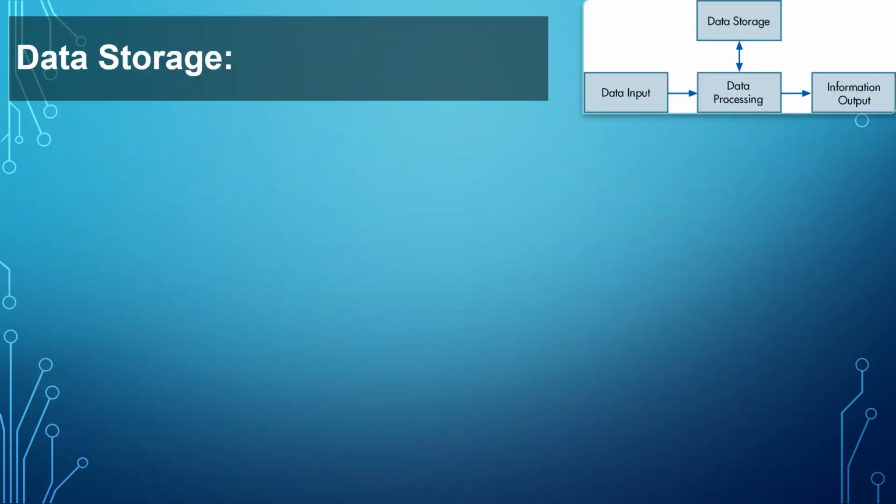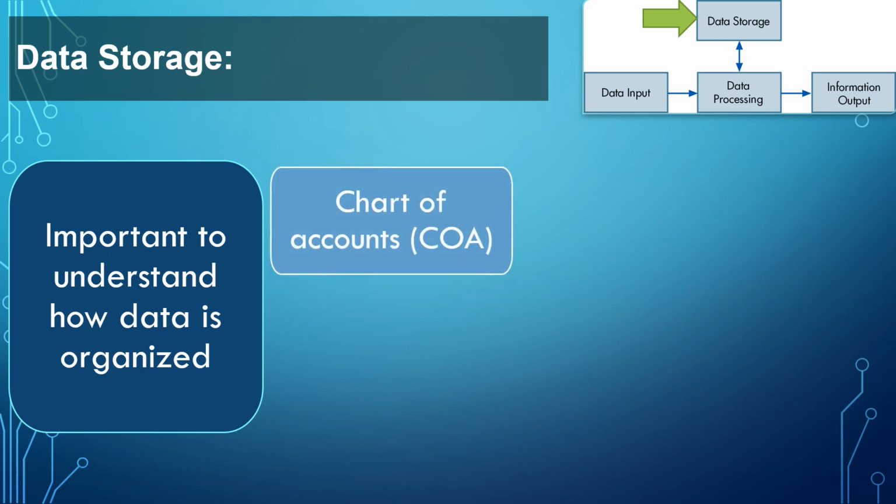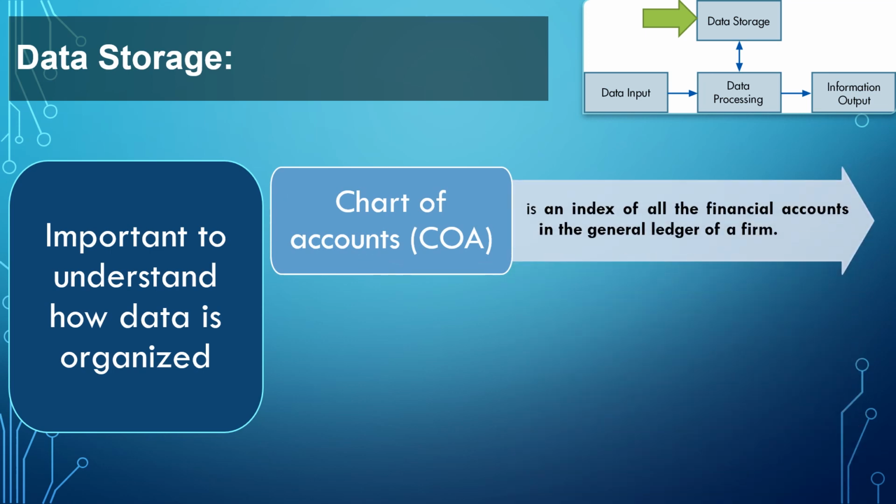In the second step of data processing, which is data storage, it is important to understand how the data is organized, even in manual storage or filing. One thing is the chart of accounts, which can be defined as an index or coding scheme of all financial accounts in the general ledger of the organization.